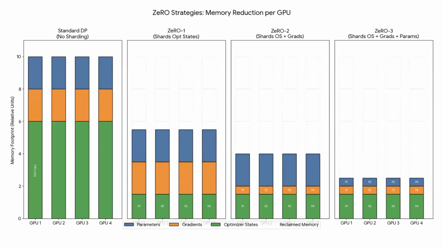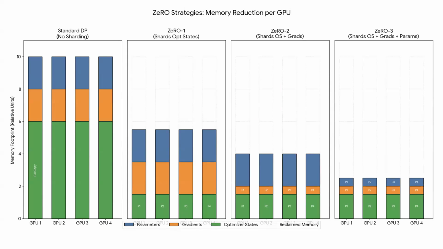The next picture is, in addition to these kinds of parallelisms, we can also categorize data parallelism into multiple strategies, which we call ZeRO strategies: 0, 1, 2, 3. In ZeRO-1, we shard optimizer states.